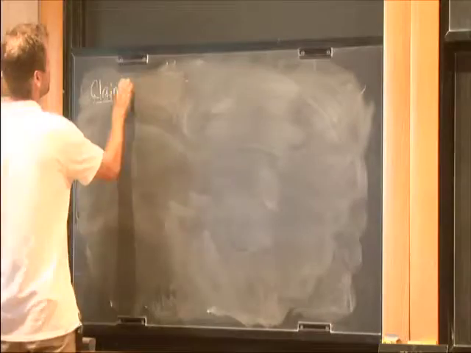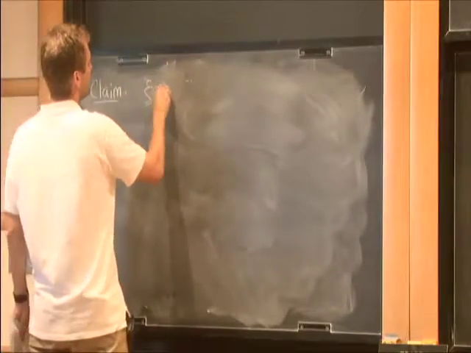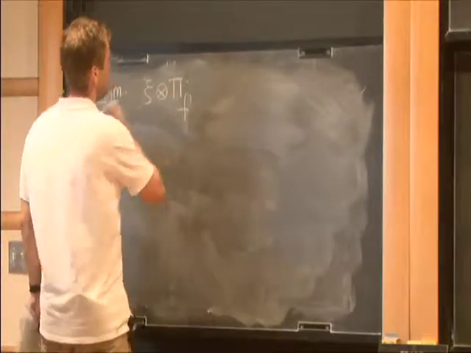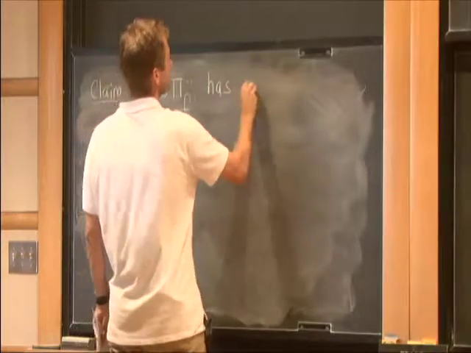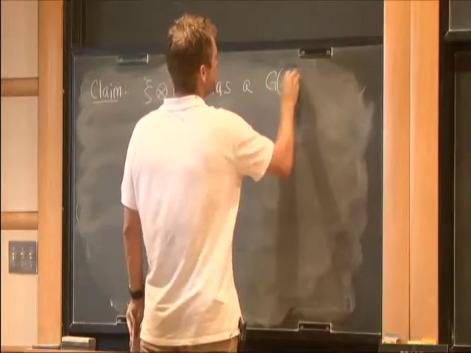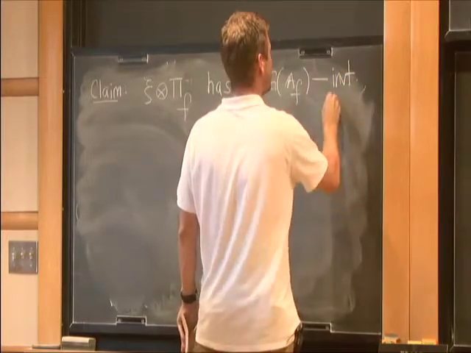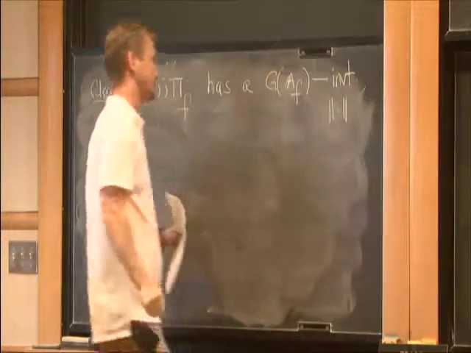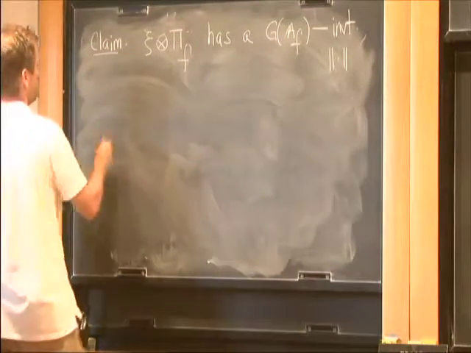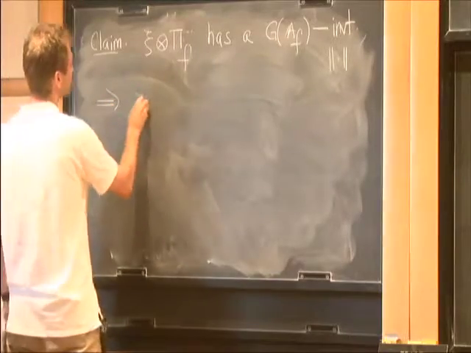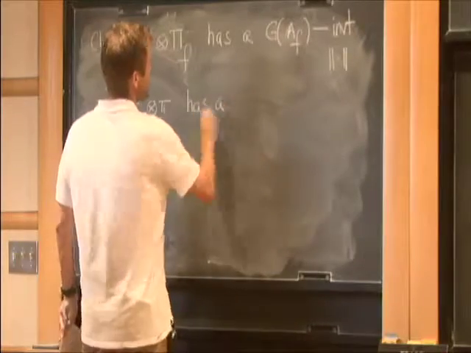That if you look at psi times the finite part, that has a natural norm. This has a G(A_f) invariant norm, which is more or less canonical. And then if you restrict it to the p component, of course you deduce that psi times pi has a G(Q_p) invariant norm.